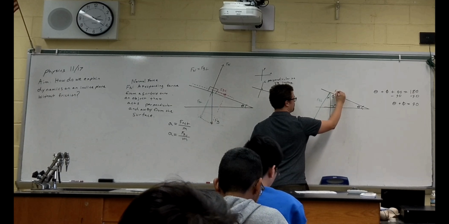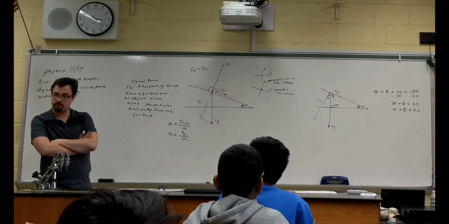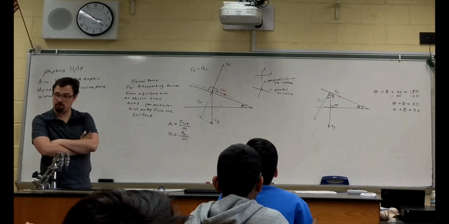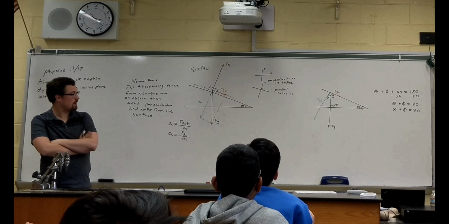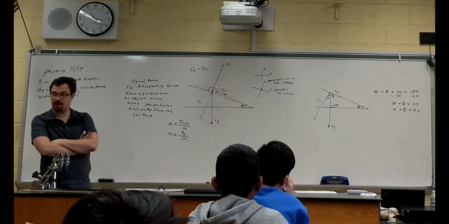Anybody notice anything from those two equations? Some relationship. Rebecca? Maybe let's rewrite this a little bit, right? I know theta plus phi equals 90, and x plus phi equals 90.